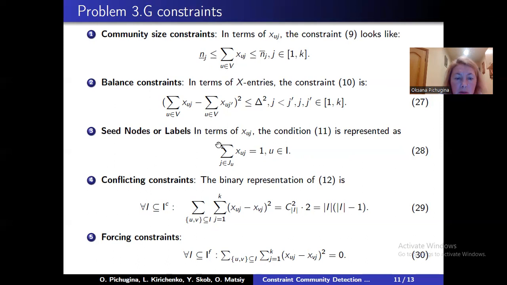Seed nodes are a linear equality constraint. Conflicting and enforcing are a quadratic equality constraint. In total, Problem 3 is a problem with linear constraints and a quadratic objective, which can be solved by the corresponding quadratic optimization solvers.